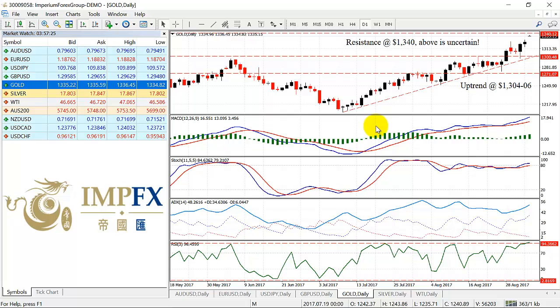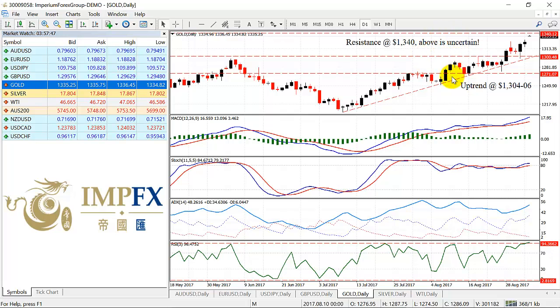In the wake of the hydrogen bomb test from Pyongyang over the weekend, upward momentum was provided for gold, which now looks closer to the objective of 1,340. Above there is uncertain from any target, so I don't have a view above there until we reach a target around 1,360. So it's a 20-point gap.